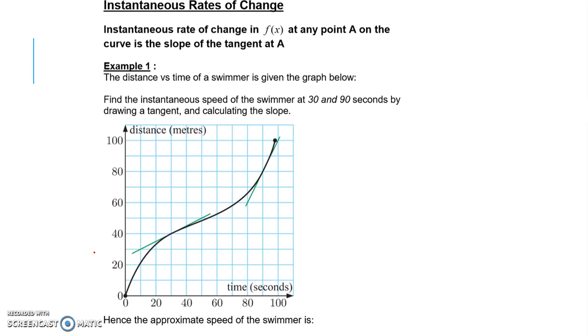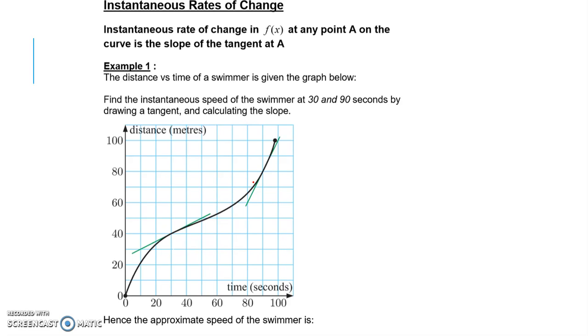So in order to find an instantaneous rate of change, just like we did with constant rates, we can calculate the slope. However, now we're going to need to draw something called a tangent at a point.